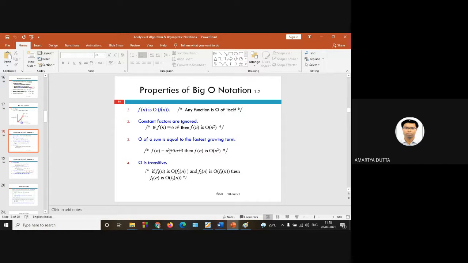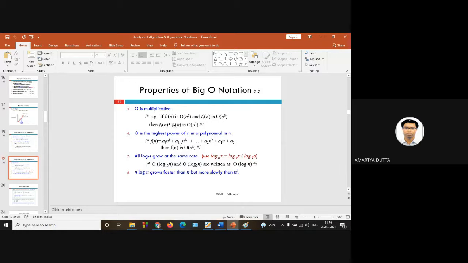The fastest growing term in this expression is n square, so big O is order of the fastest growing term, n square. Big O is transitive. So if f1n is big O of f2n, and f2n is big O of f3n, then f1 is big O of f3. Big O is multiplicative. Big O is the highest power of n in a polynomial in n.